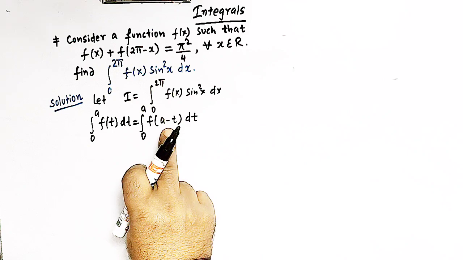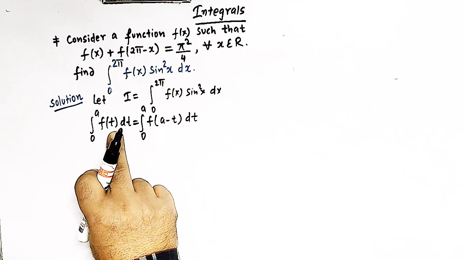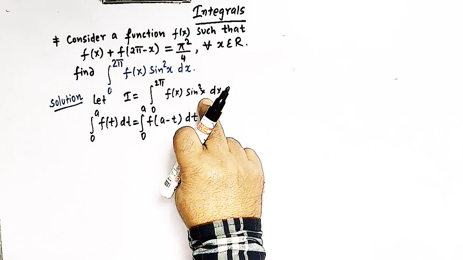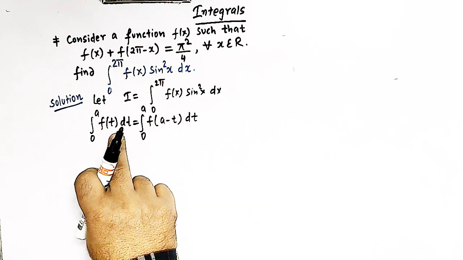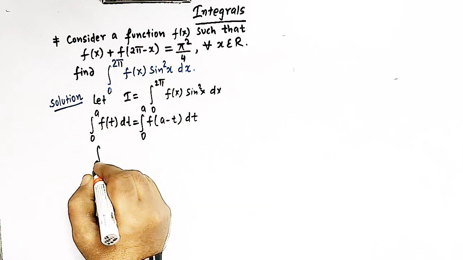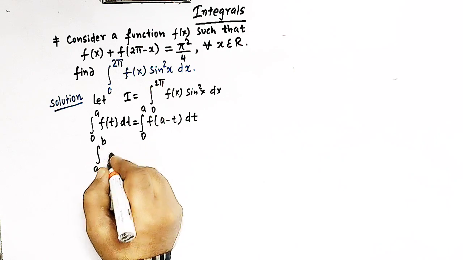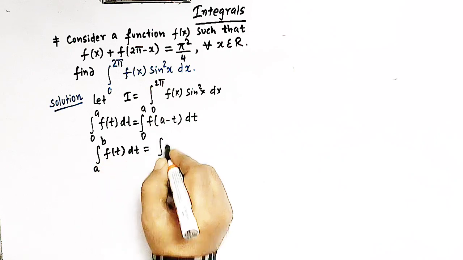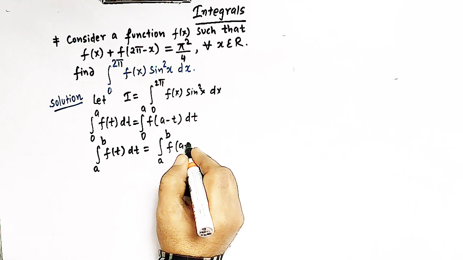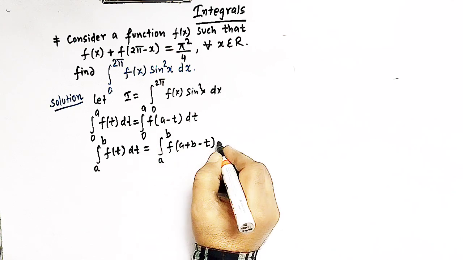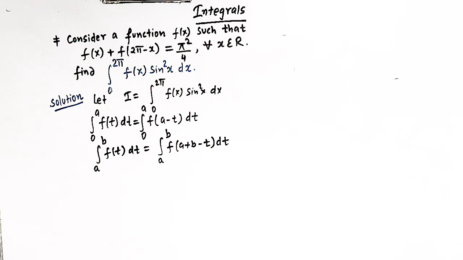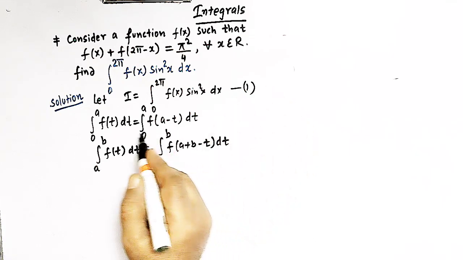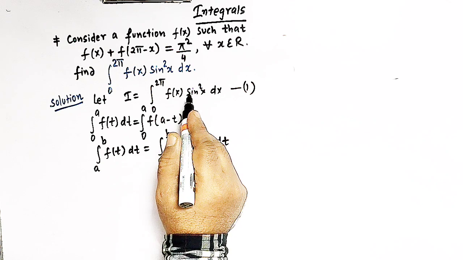This is an important property which can be utilized in this integral, because it is a particular case of the integral from a to b of f of t dt equal to the integral from a to b of f of a plus b minus t dt. Let us call this integral number 1, and apply this property to it.